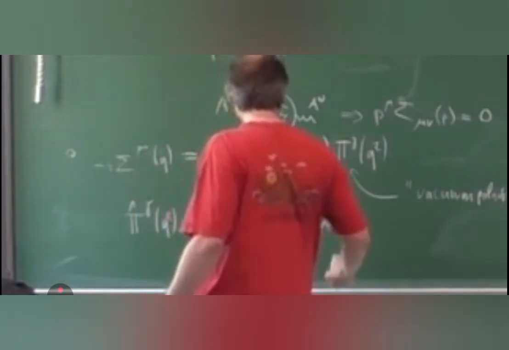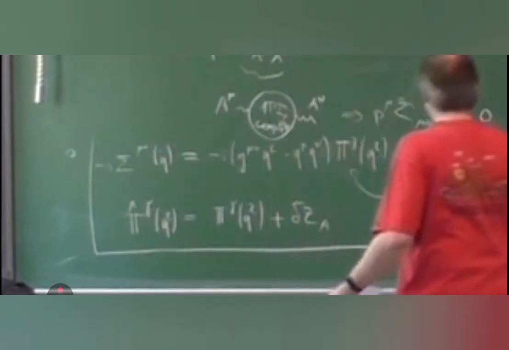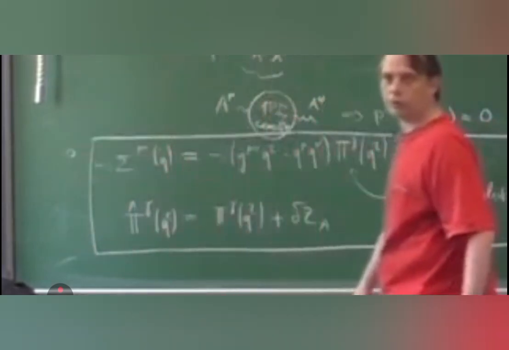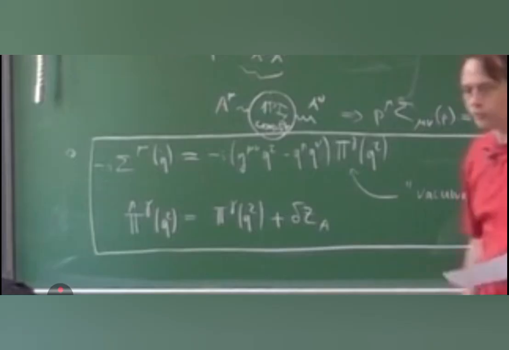So this is just the way that this field renormalization constant enters this discussion after we know this transversality of the photon self-energy. So then we have the simplification, which is the counterpart of the other identity, and we can now work with a vacuum polarization instead of the full self-energy, and then go through the renormalization procedure. That we will do in the afternoon. Okay, so thank you very much and see you later.